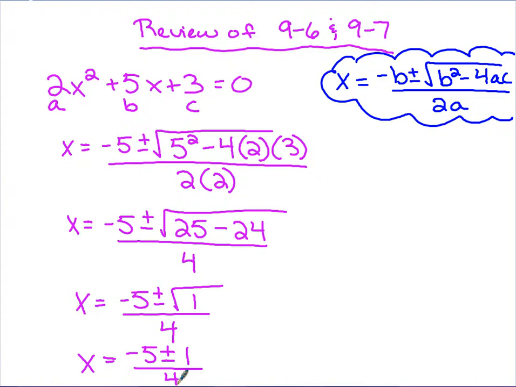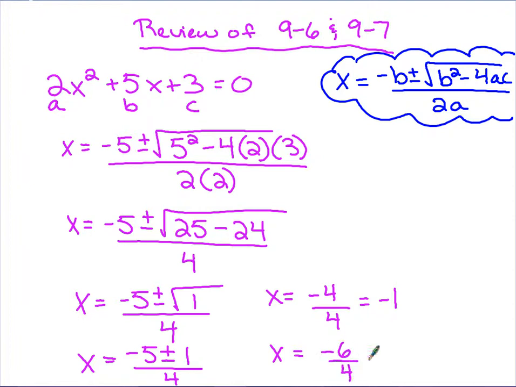So let's get our two answers. -5 plus 1 is -4, and -4 divided by 4 is -1. And then for our other answer, -5 minus 1 is -6.